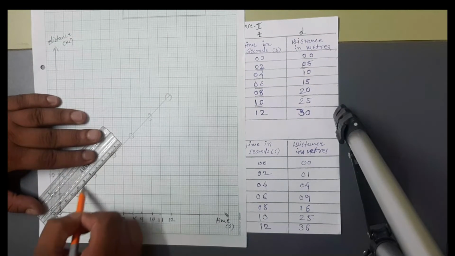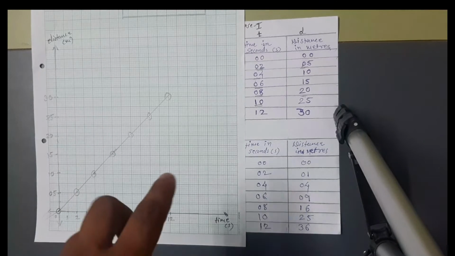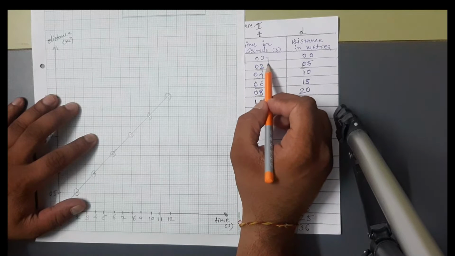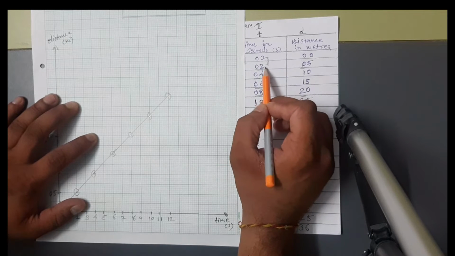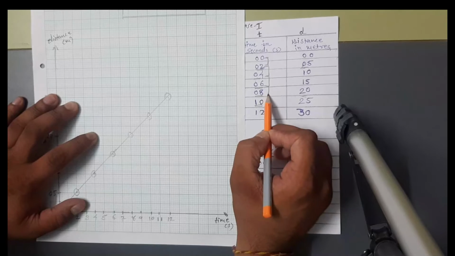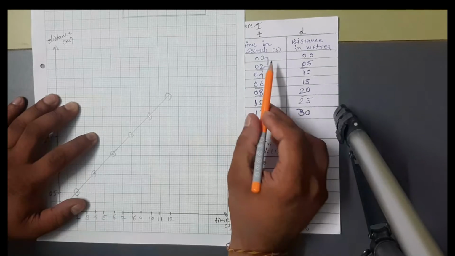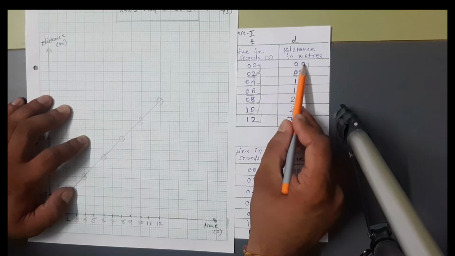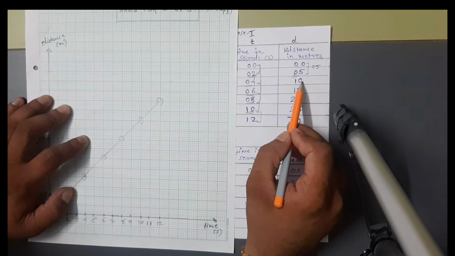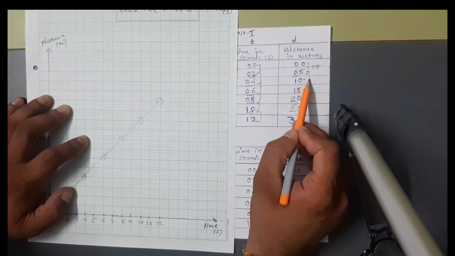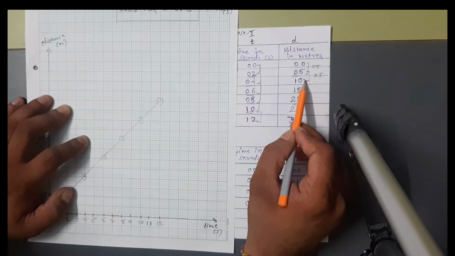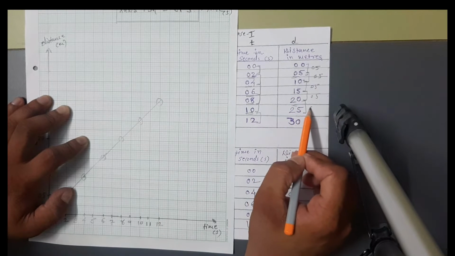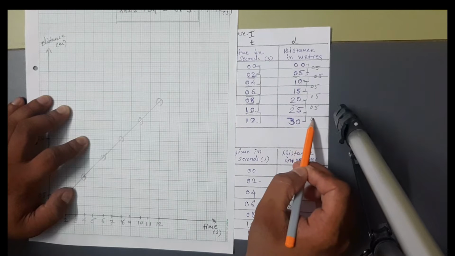See, here we are getting it in linear form, and also from the readings we can say that at every equal interval of time, 2 seconds, 2 seconds, 2 seconds, 2 seconds and 2 seconds, the distance traveled by the object, first it was at 0 and it comes to 5, then again it travels 5 meter, again 5 meter, again 5 meter, and again 5 meter.